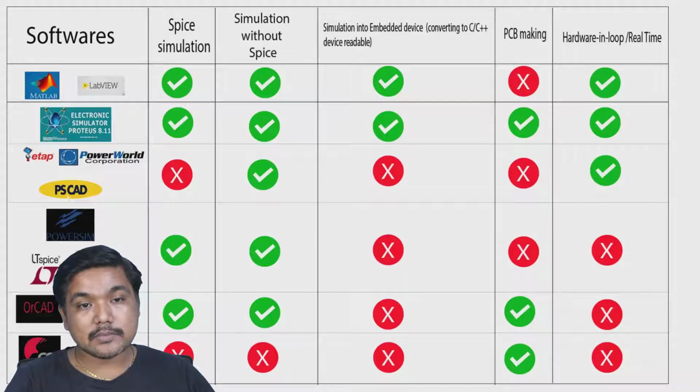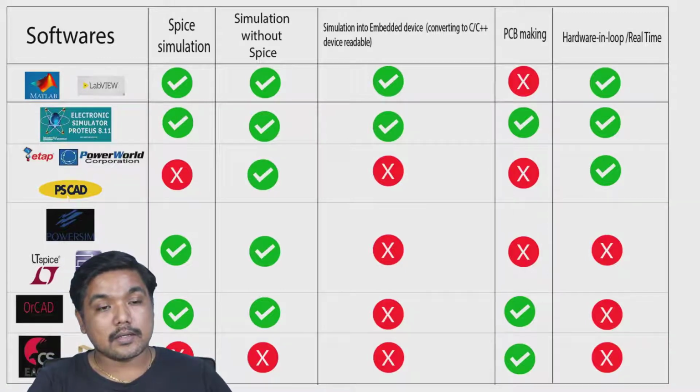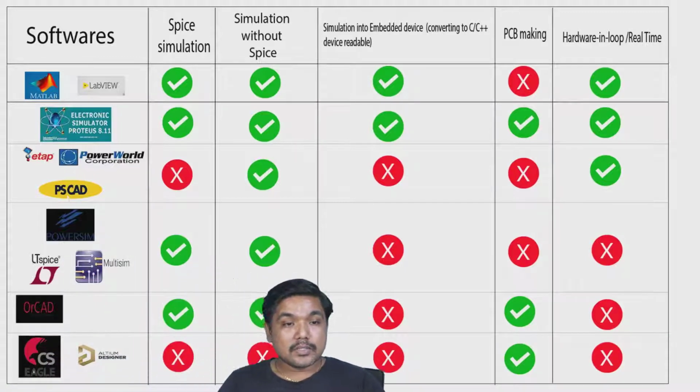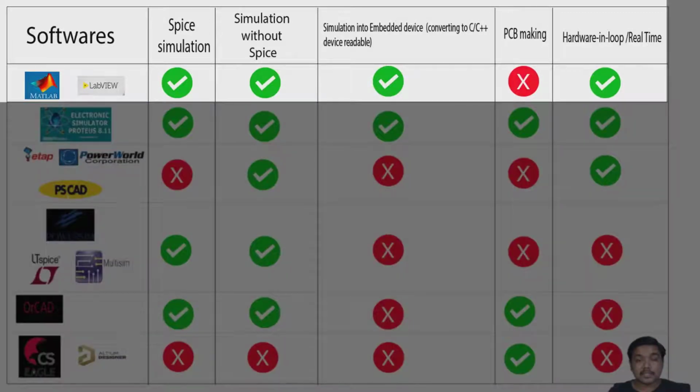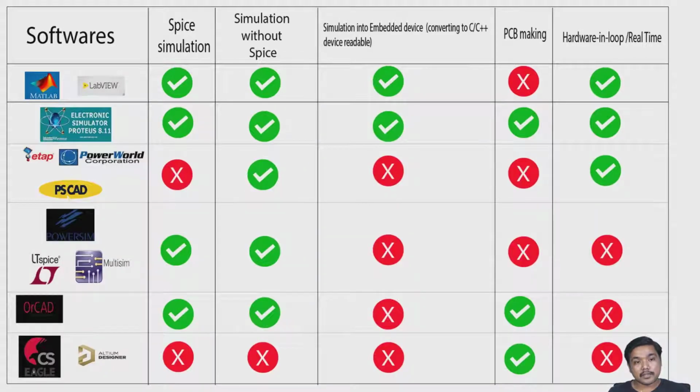So I have kept some popular softwares which are used by industry as well as by students and universities. The first two softwares are MATLAB and LabVIEW, where we can do SPICE simulation. SPICE simulation can be done in LabVIEW because LabVIEW can be incorporated with Multisim, which comes under the National Instruments company. That company introduced these two softwares, LabVIEW and Multisim.